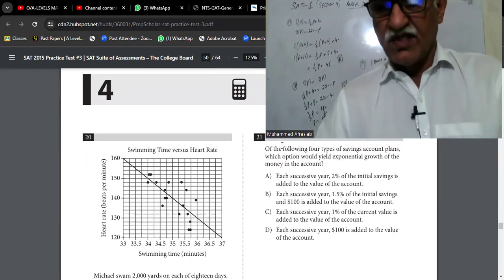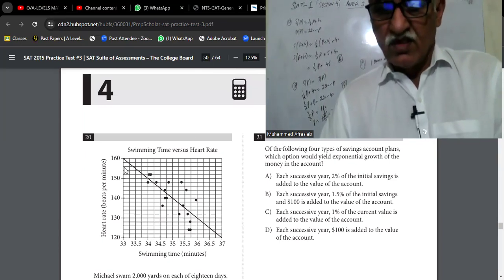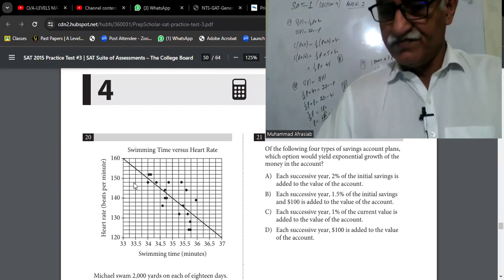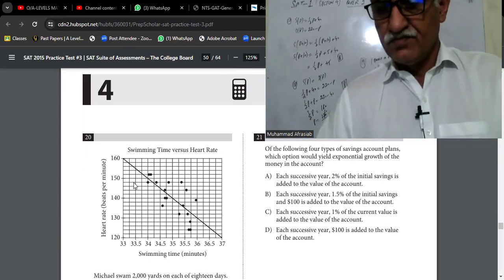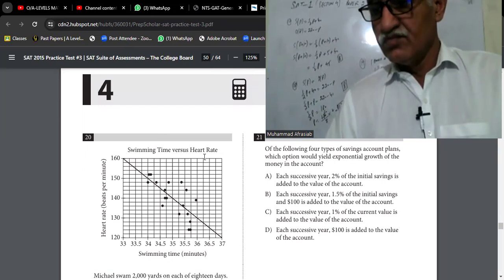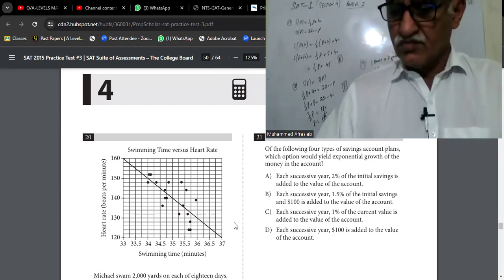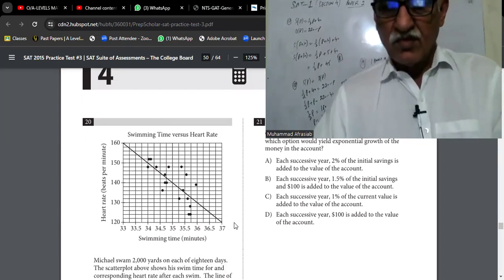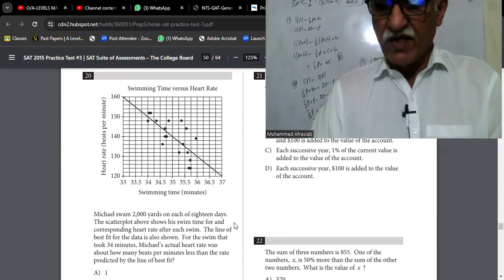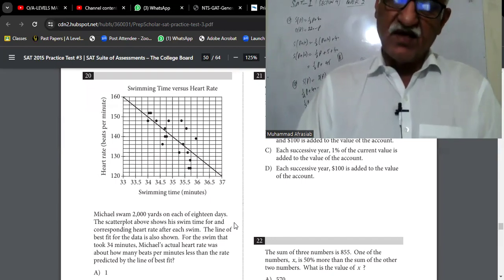Question number 20 now. Swimming time versus heartbeat. On the x-axis, they have shown the swimming times, and on the y-axis, they have shown the heart rate after that swim.